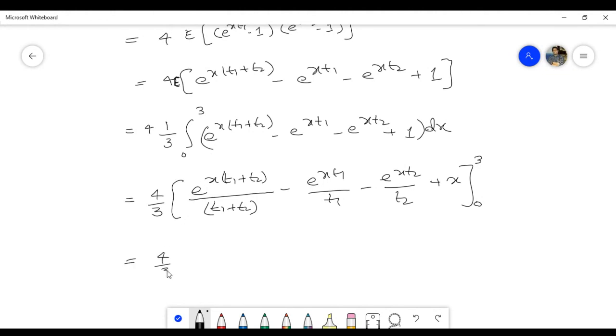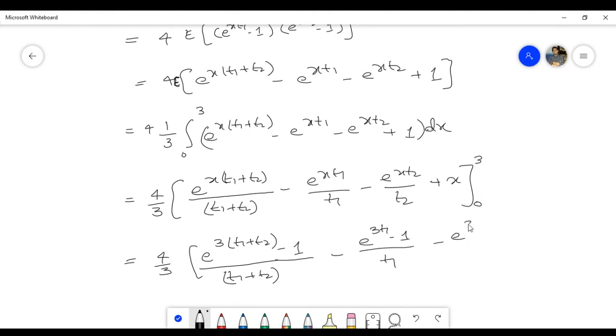So it is 4 by 3 e power 3 t1 plus t2 by t1 plus t2, minus 1, e power 0 is 1, e power 3 t1 minus 1 by t1, e power 3 t2 minus 1 by t2, plus 3. So this is what you are left with. If you want, you can solve further or you can stop here.